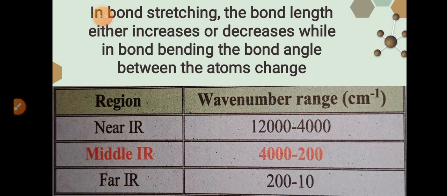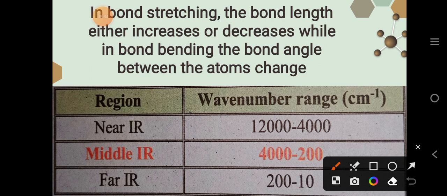Okay, what happens in bond stretching and bond bending? In bond stretching, the bond length either increases or decreases. If something is stretched, the bond between two atoms will either increase or decrease, right? In bond bending, the bond angle between the atoms changes.